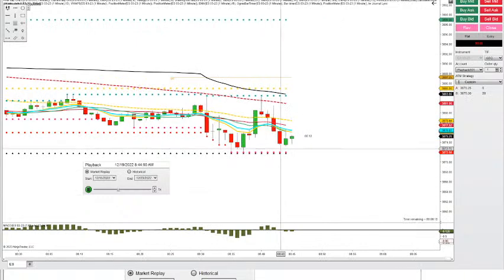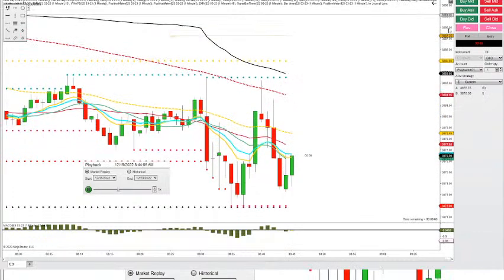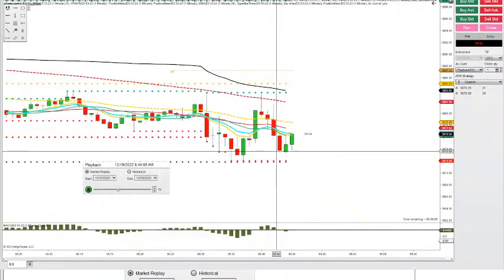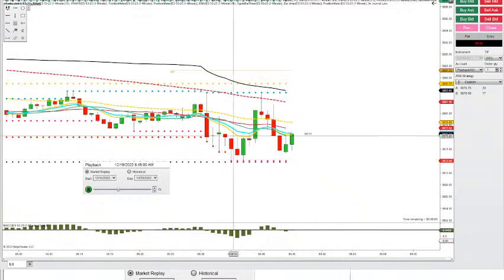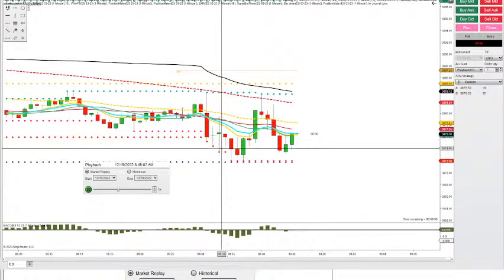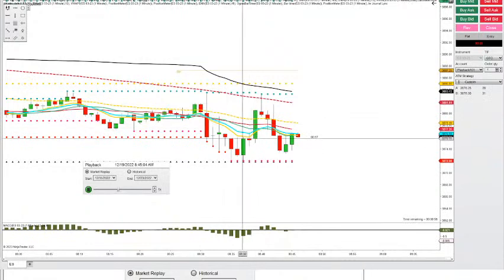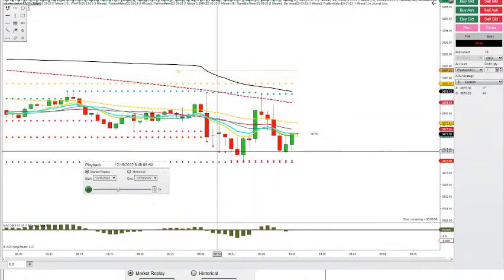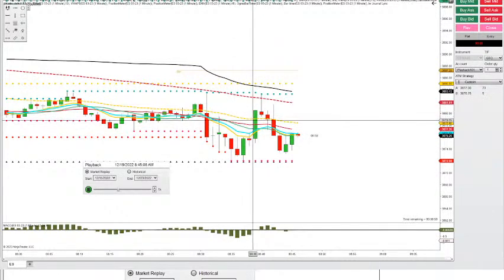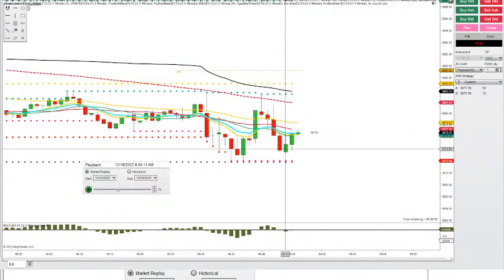So here it looks like we do have a new pivot low, although it's in this consolidation here. That's something I'm really not clear on. I mean, we do have a reset.